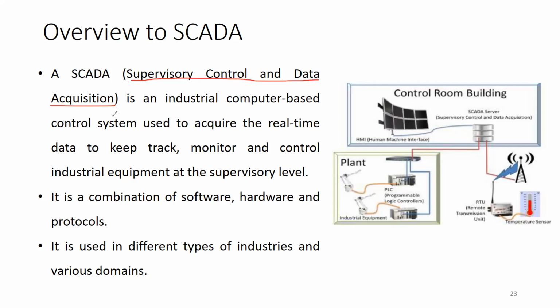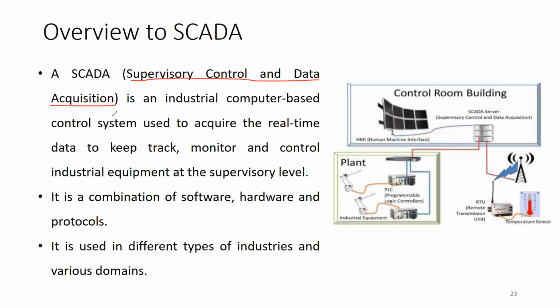So supervisory control का word ही आ रहा है supervision. The first word is supervision. So that means you need to supervise the process to see if it is happening as desired or not. If it is not happening as desired, you need to make the required changes in the system. Okay, so that is what the word supervisory control means.